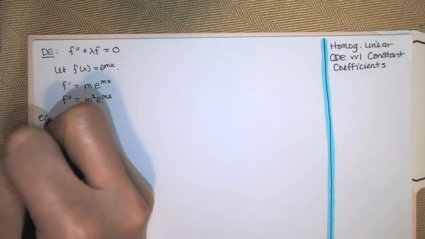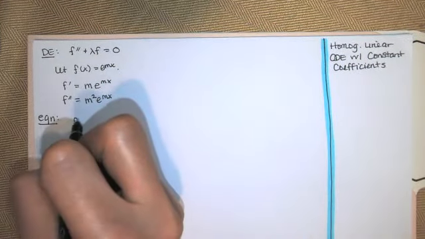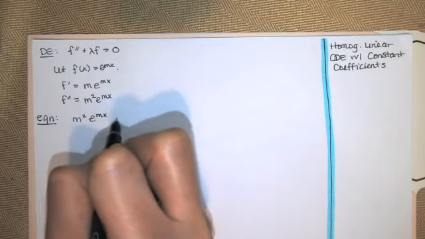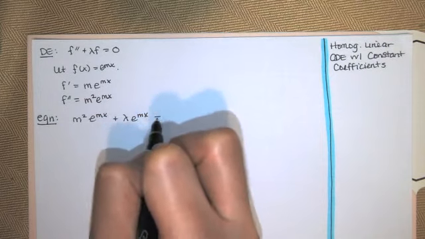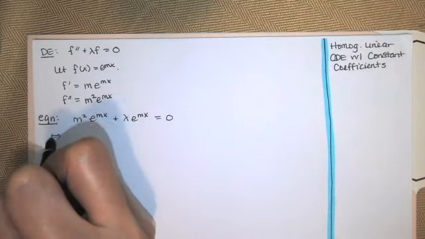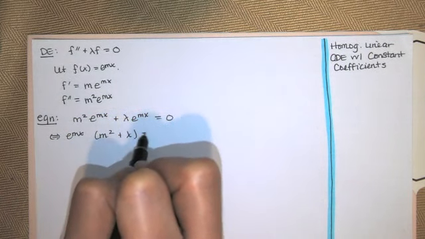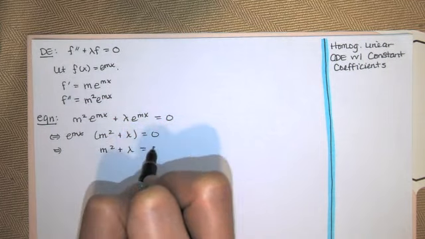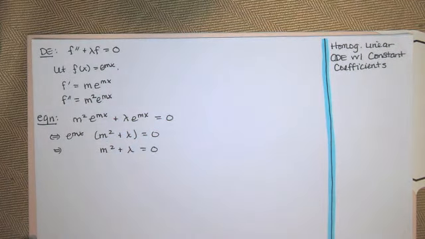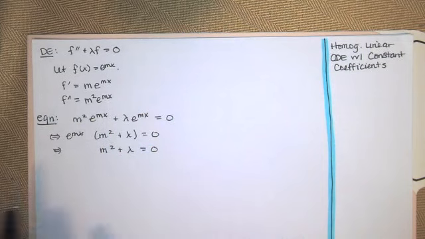Then we substitute that function and its derivatives into the differential equation. So we're going to have m squared times e to the mx plus lambda times f, which we assume to be e to the mx, and that's equal to 0. Factor out that e to the mx. And then we've got this. That's our characteristic equation. Now, if you want to, you can go straight from the differential equation to the characteristic equation.